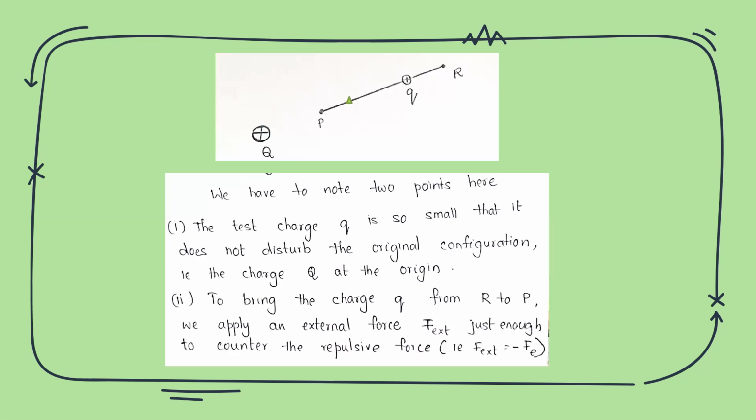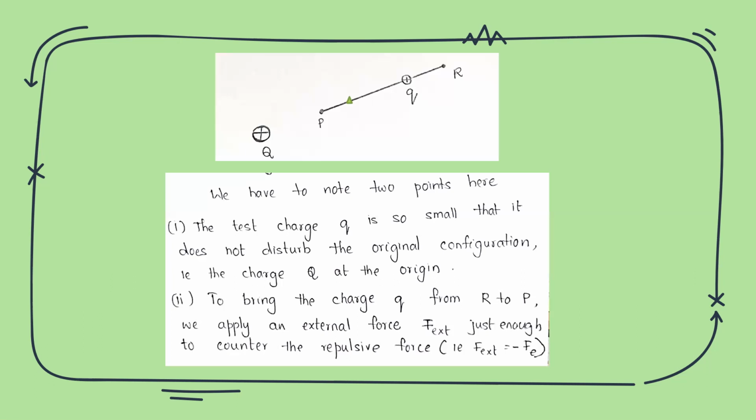So what we have to do now is push small q towards capital Q such that the force is equal to Coulomb's repulsive force. That means the external force, whatever force we are applying from outside, should be equal to the repulsive force.